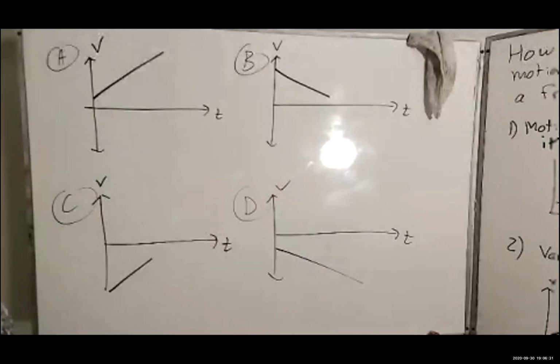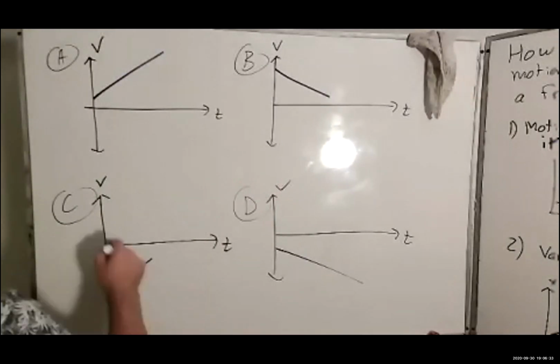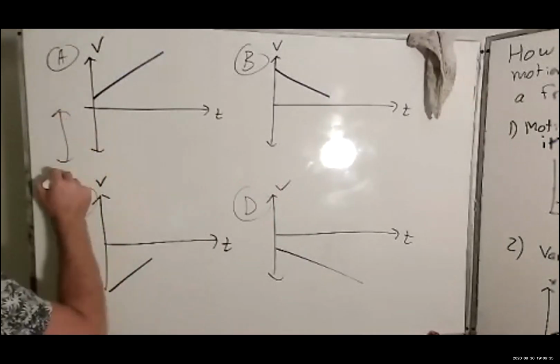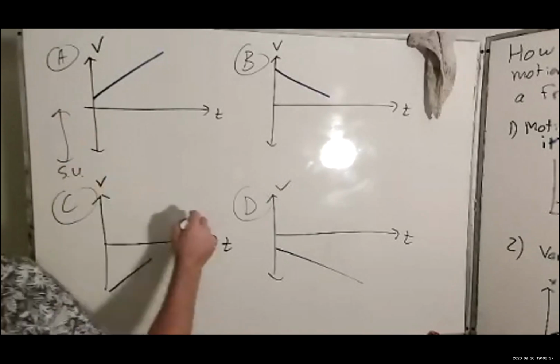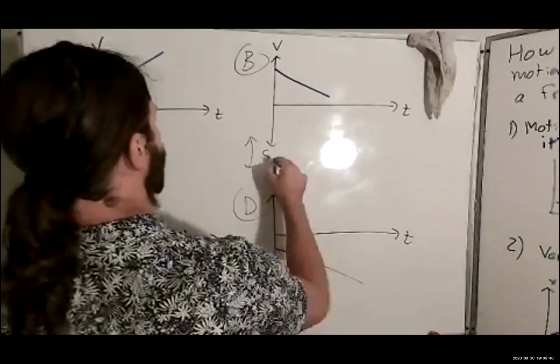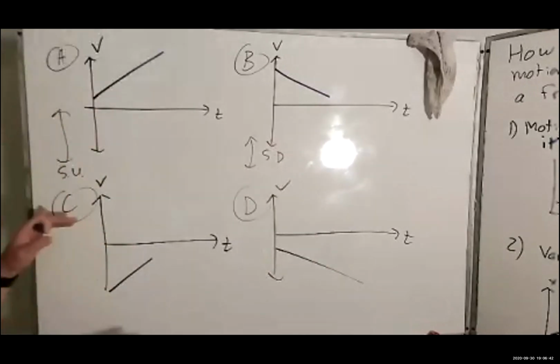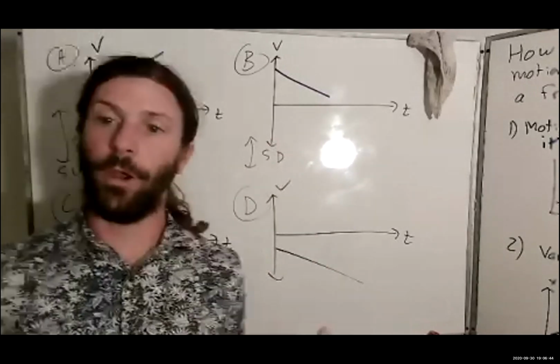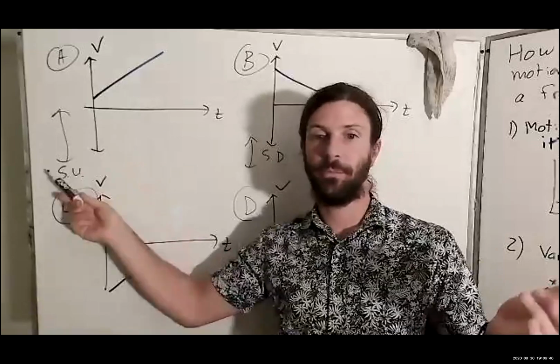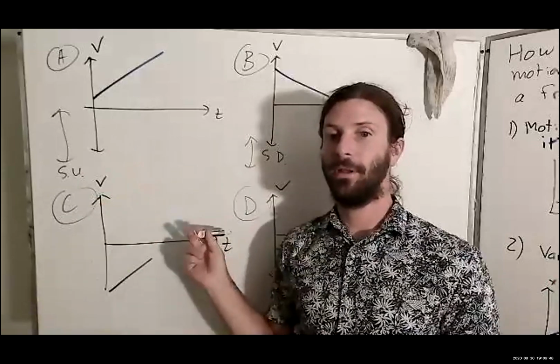Just so we can point them out. Some people said these 2 were speeding up, and these two were slowing down. And the reasons I heard were positive slope, speeding up, negative slope, slowing down.